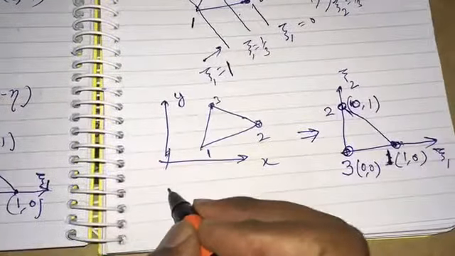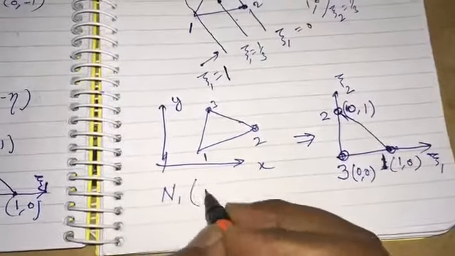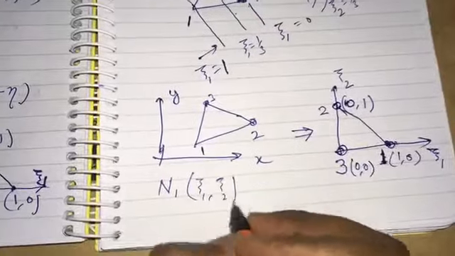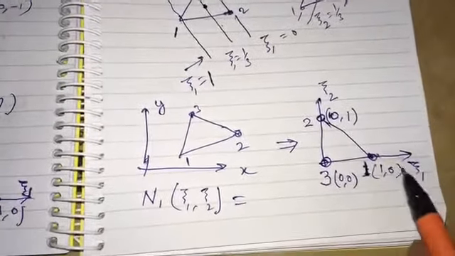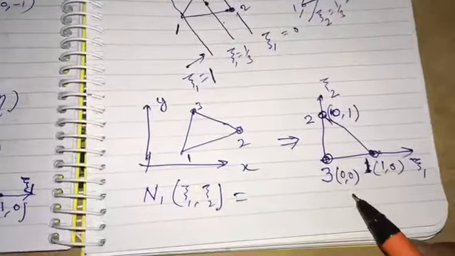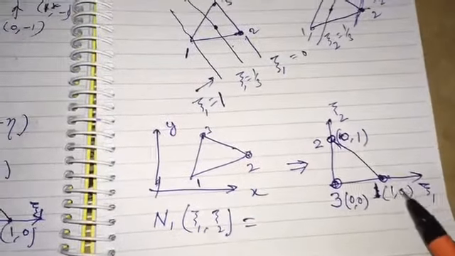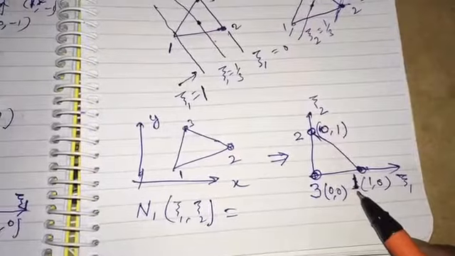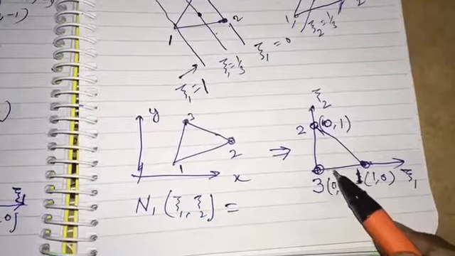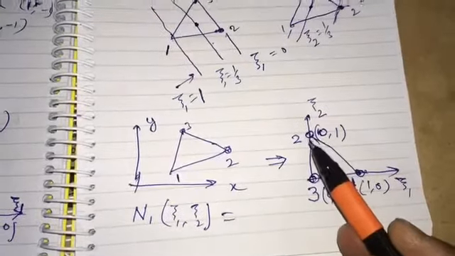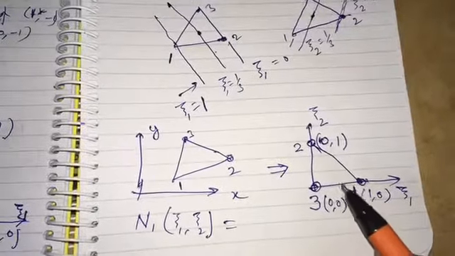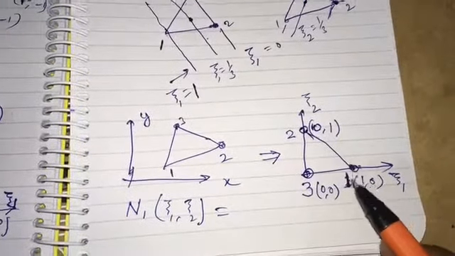So N1 as a function of xi1, xi2 will be what? We want to find N1 such that N1 is equal to 0 at nodes 3 and 2, and it has to be 1 at node 1.